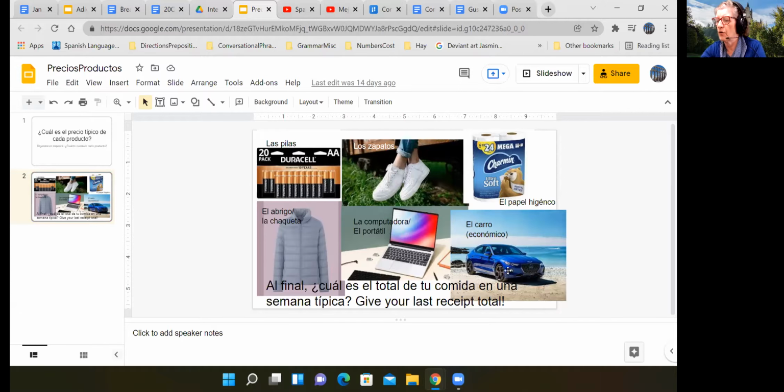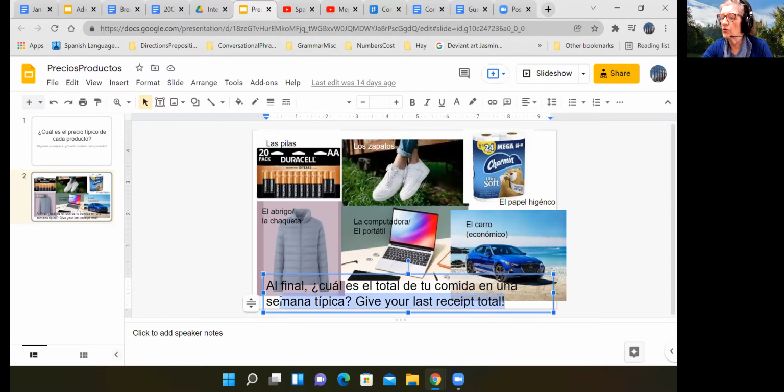La computadora o el portátil. ¿Cuál es la diferencia? What's the difference? La computadora is any old computer, but el portátil would be more specifically a laptop because it's portable. Thus, el portátil. El abrigo, a coat, la chaqueta, a coat or a jacket, see?